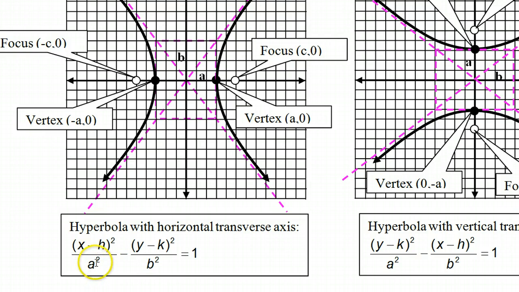Also, the positive term tells you which one is your A value. I told you, unlike the ellipse, A is not always bigger, but A is always with the positive term. So the vertices will always go with the positive term, and that's your A value. Your B value will always be from the negative term, and that will give you your co-vertices.